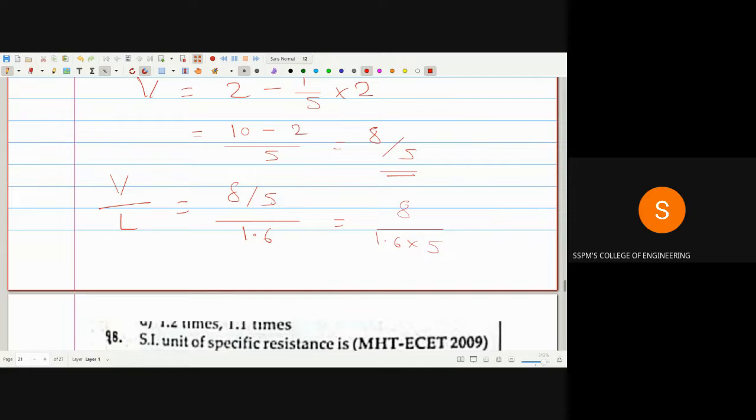Solve this. 1.6 into 5 is also 8. 8 divided by 8 is 1. Sorry, not ohm per meter, it is volt per meter. The potential gradient is 1 volt per meter.